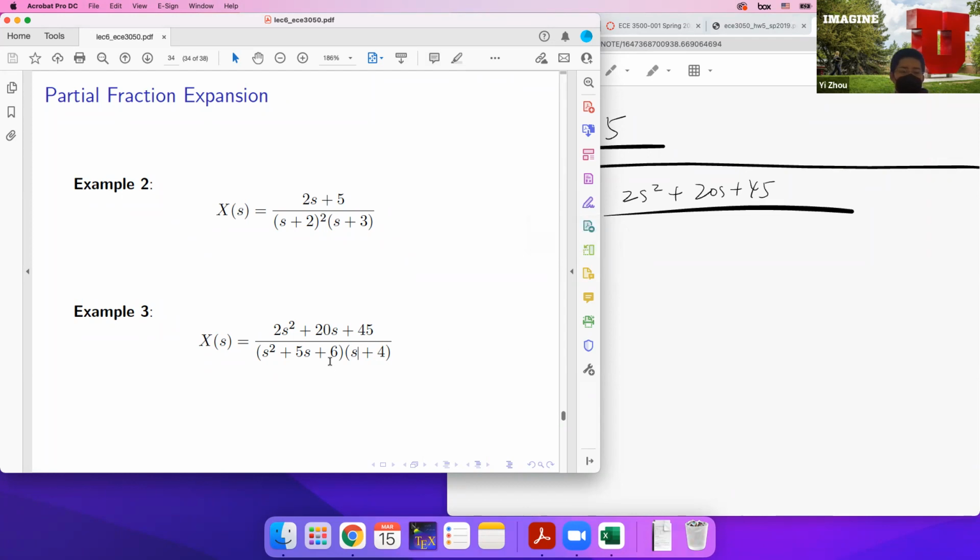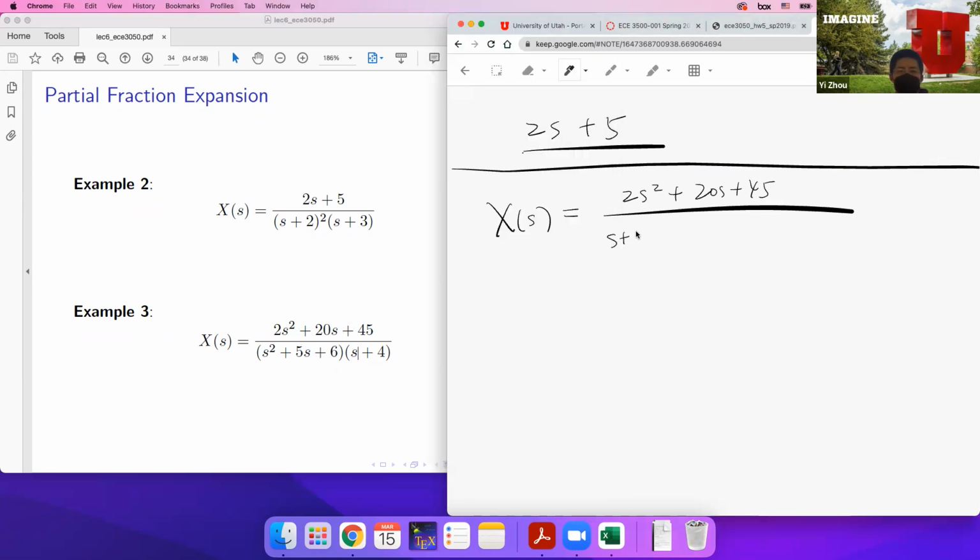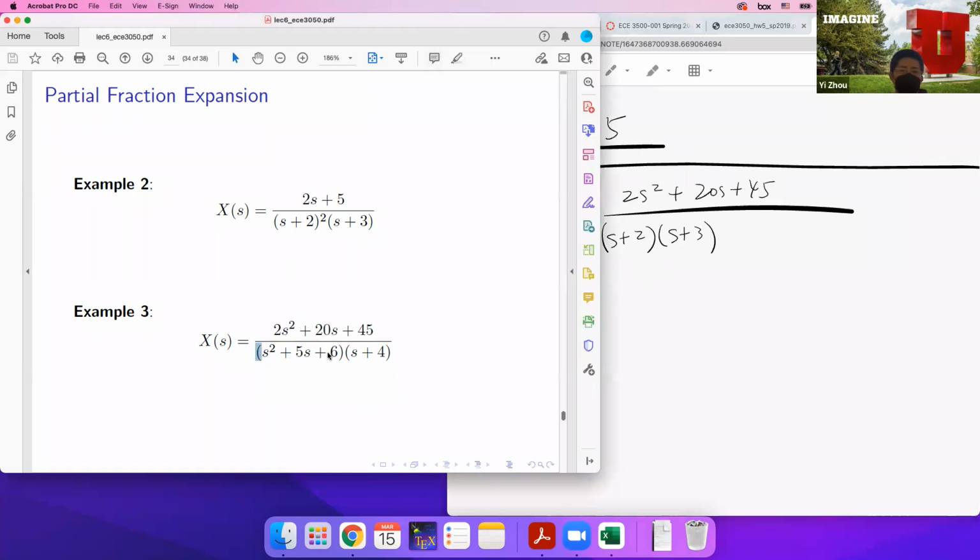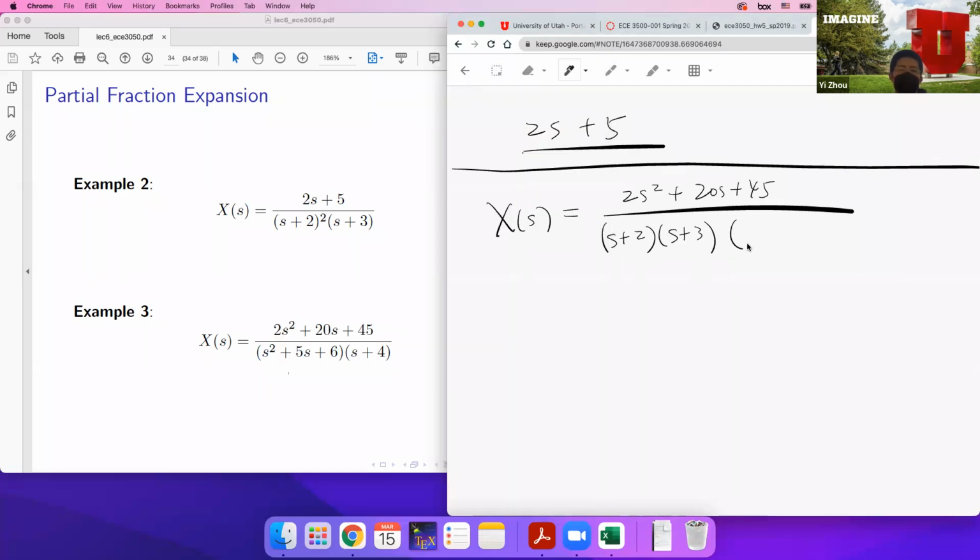You can see that I can factorize 6 to 2 times 3, and 2 plus 3 equals 5. So that gives us this factorization. These two product will equal to this big number. And then we have S plus 4.